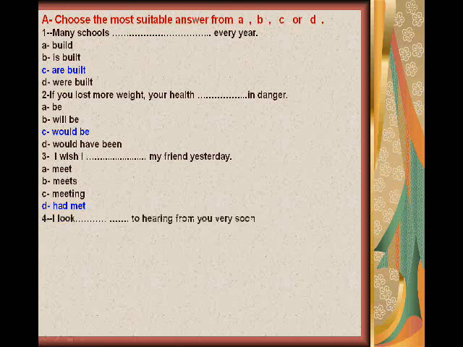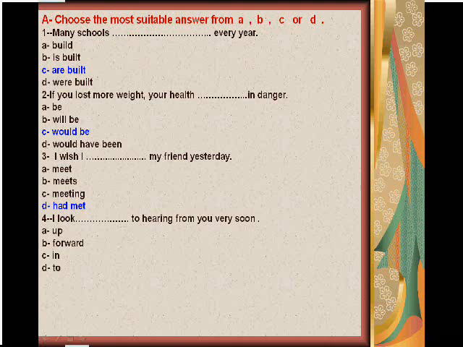Number 4, I look to hearing from you very soon. A, up. B, forward. C, in. D, to. Of course, here we are looking at the phrasal verbs, look, and what comes with look, okay?